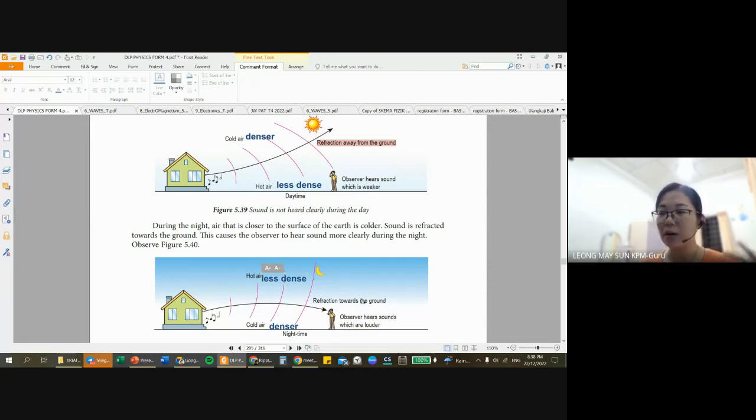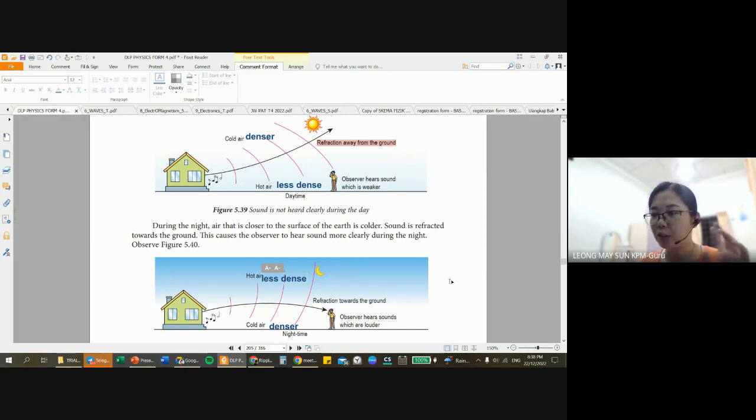So this one you all can try and experience. When you go back to school or even in the holidays right now, you can identify this. And this is also the reason why we can hear things clearer at night. For example, during the daytime, if you are at the Padang, when there are kids staying in the houses nearby our school, we cannot really hear them.